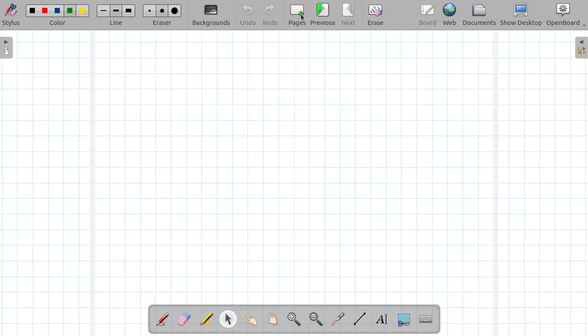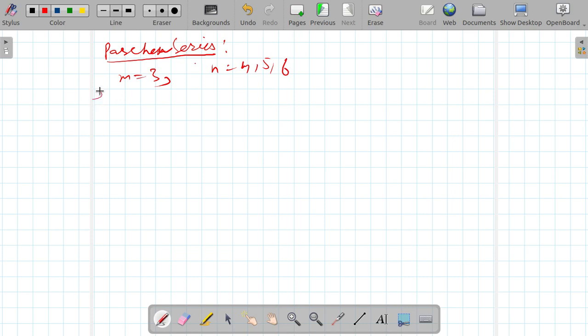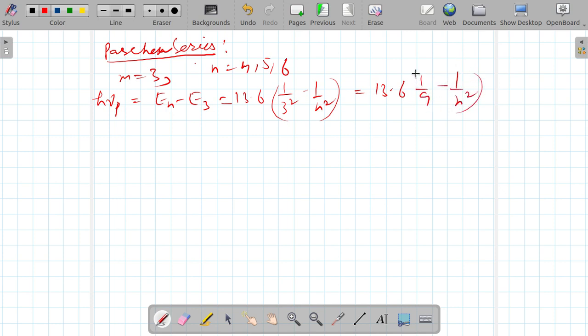Then there is another series, that is Paschen series. So Paschen series results from m is equal to 3 and n is equal to 4, 5 and 6. So that means h nu p must be equal to En minus E3. So it's equal to 13.6 into 1 by 3 square minus 1 by n square, which is 13.6 times 1 by 9 minus 1 by n square.